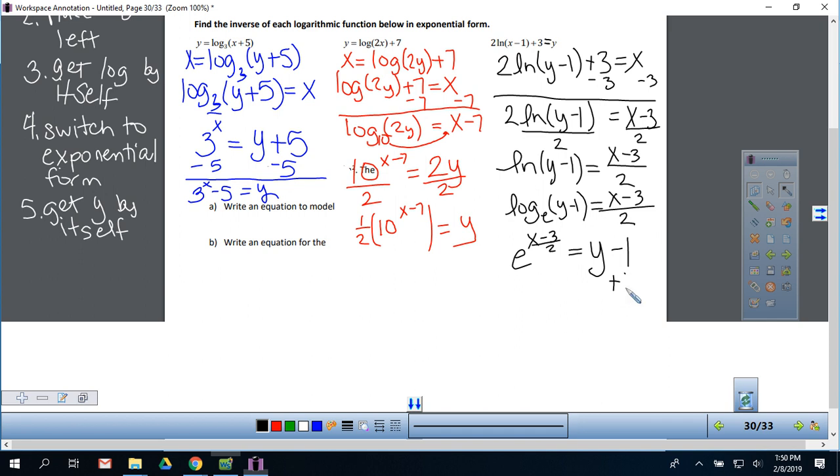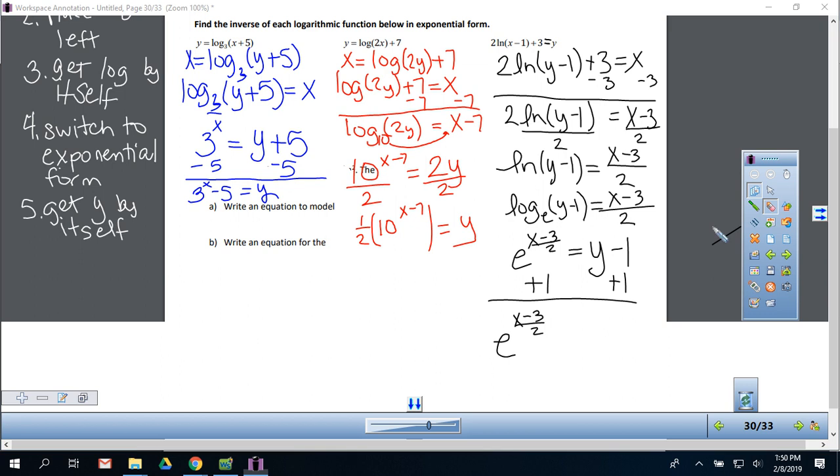So we need to get y by itself, so we're going to add 1 to both sides. Oh, I forgot my 1. Yeah, that's what I was confused about. I was mentally checking that to see if it worked out.